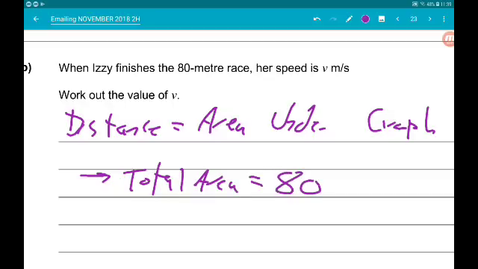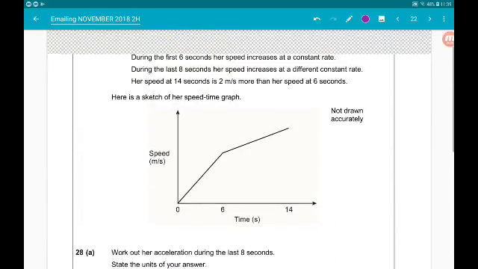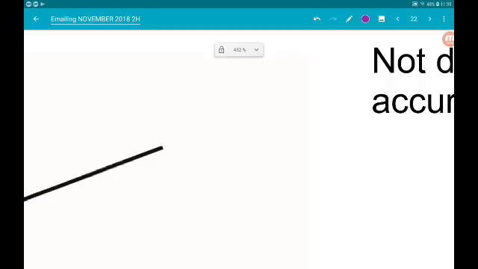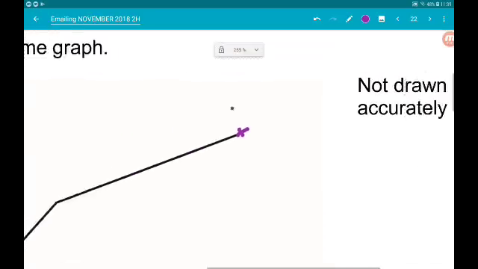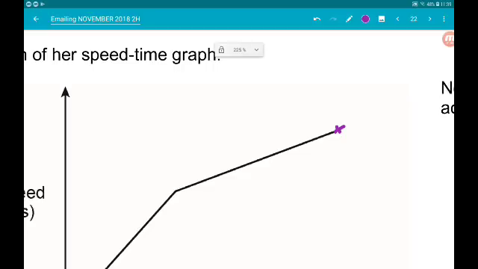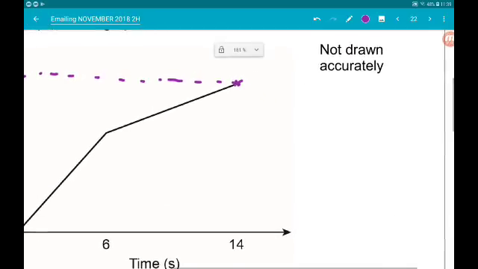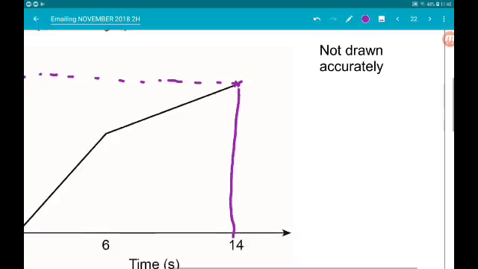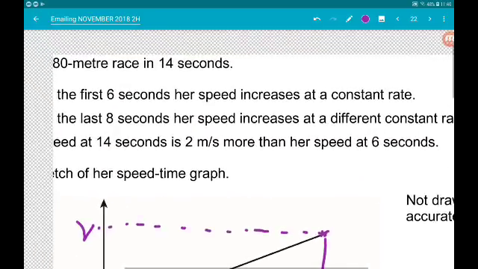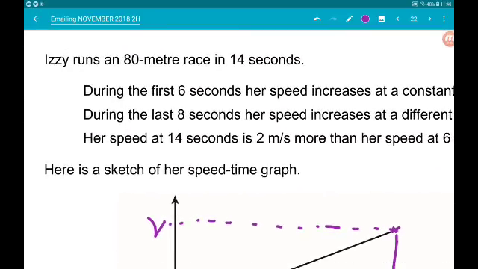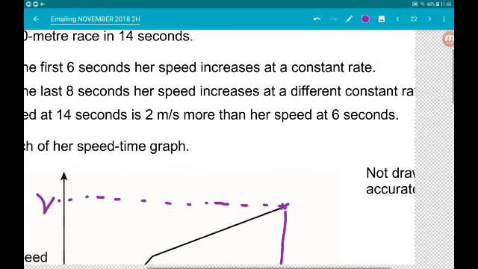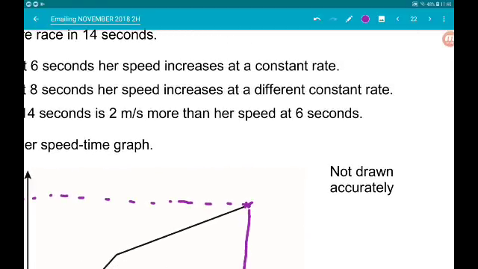Now, we know that speed at this point is v meters per second. Now what we're going to do is draw a line down here as well to 14 seconds. Now remember here we were told her speed at 14 seconds is 2 meters per second more than her speed at 6 seconds.